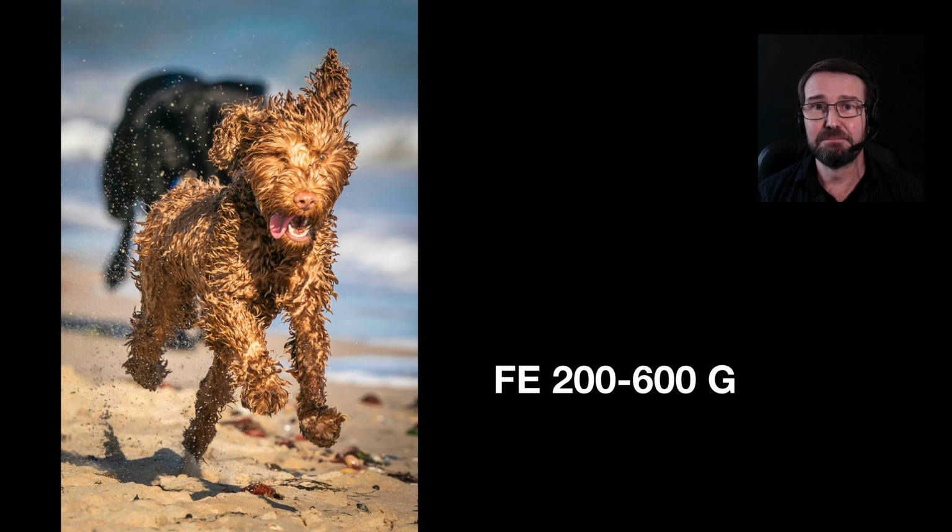I probably won't take it out as much as the 100-400, but as soon as there are birds involved, I think that 200-600 is going to go in my small backpack with the A9 II, which I've also added now to my personal kit.